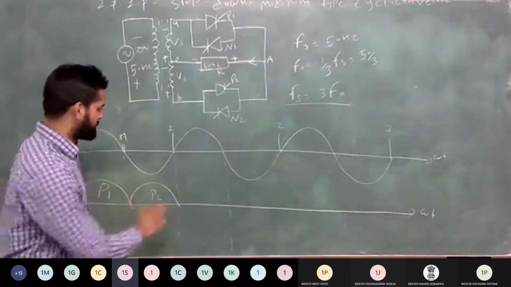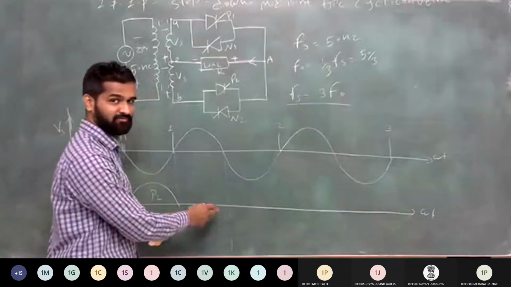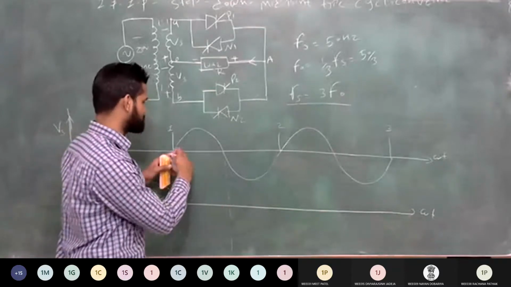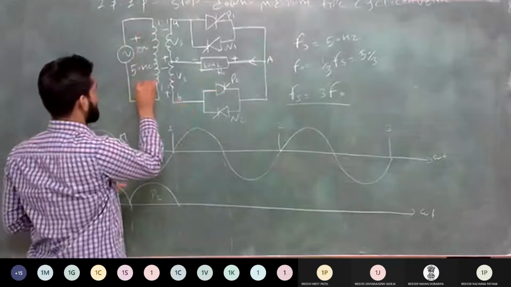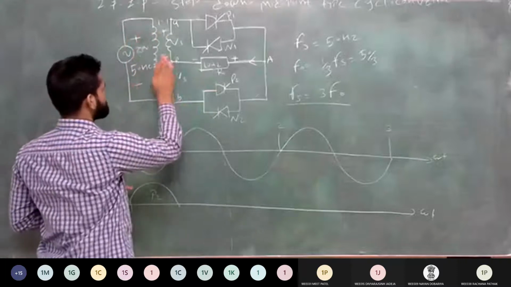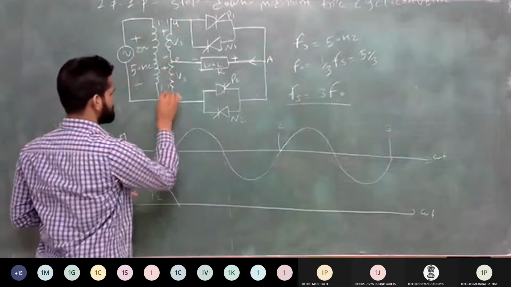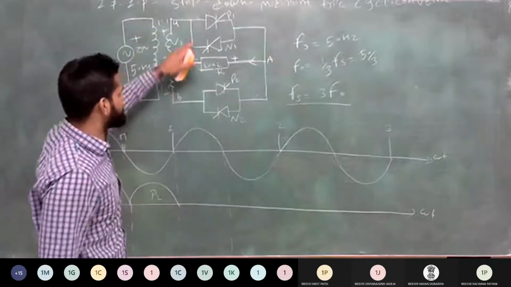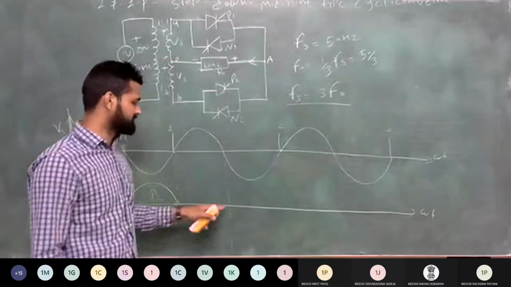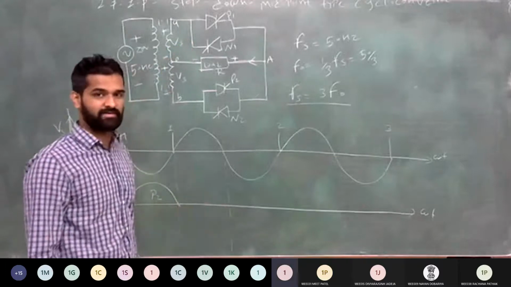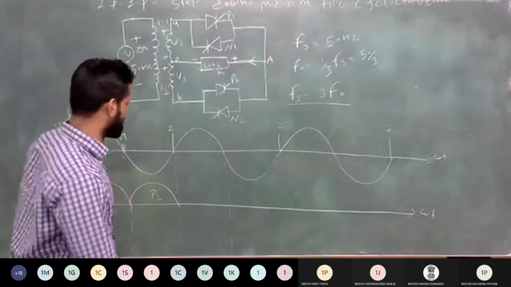Now again we require the positive voltage for the positive cycle of your supply. Here is plus, here is minus. Tell me which thyristor comes into forward bias so that I get the positive voltage here. P1, yes, it is P1 again.